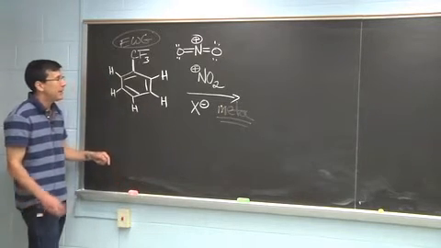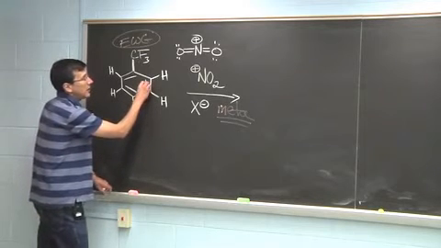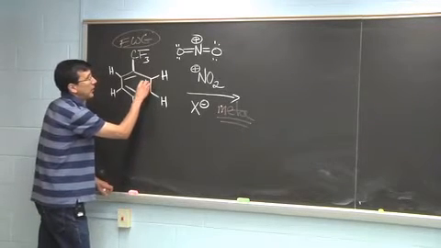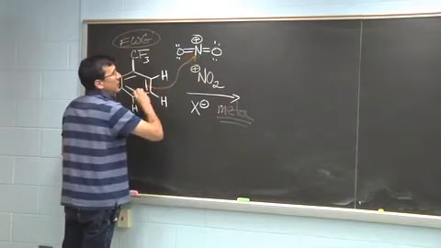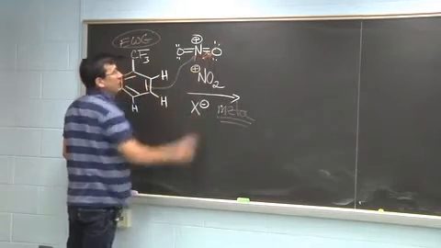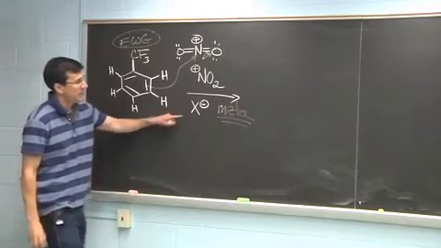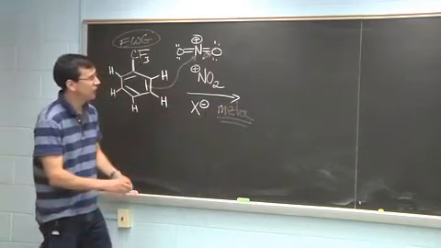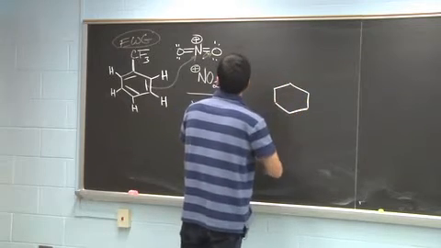So to follow the meta pathway, we could use this double bond here. We're going to use this double bond to add to the nitronium ion. And then we can't just make a bond in nitrogen because we would exceed the octet on nitrogen, so we have to do something like that. And remember, we've guessed that we should follow the meta product, and we'll see why in just a second.